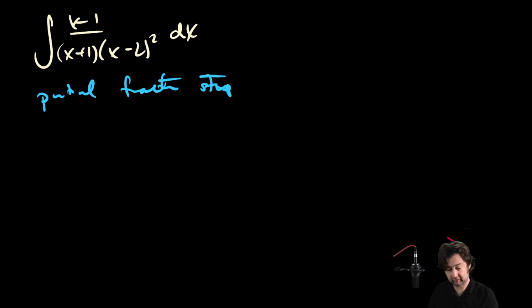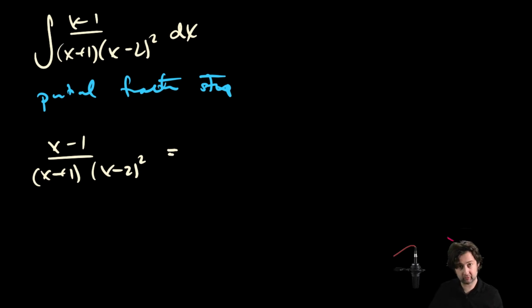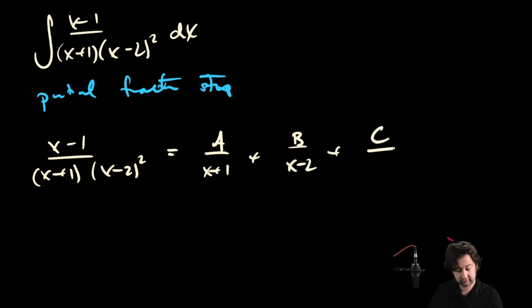The partial fraction step says that x minus 1 over x plus 1 times x minus 2 squared should decompose into 3 fractions: a over x plus 1, b over x minus 2, and c over x minus 2 squared. 1 fraction for the x plus 1, 1 fraction for the first power of x minus 2, 1 fraction for the second power of x minus 2.